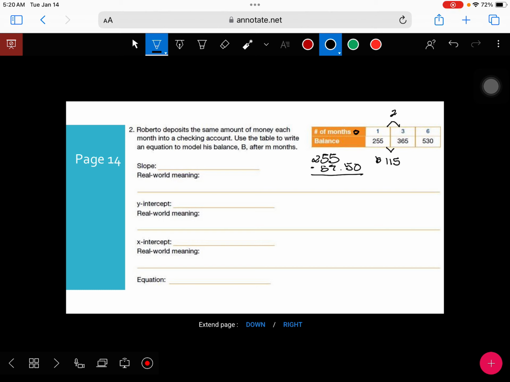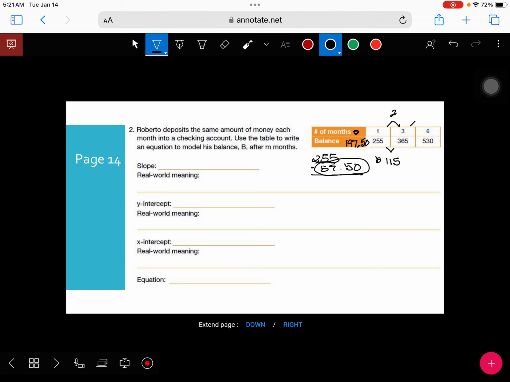So 255 minus 57.5 is 197.50. So that means when the account was first made, we had $197.50. And then each month, we are gaining $57.50.